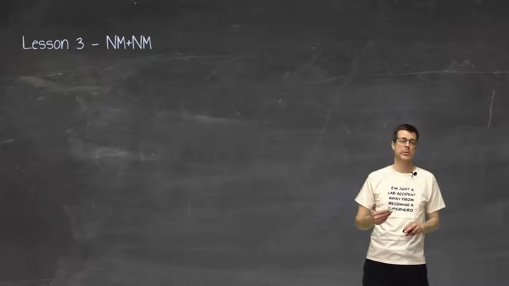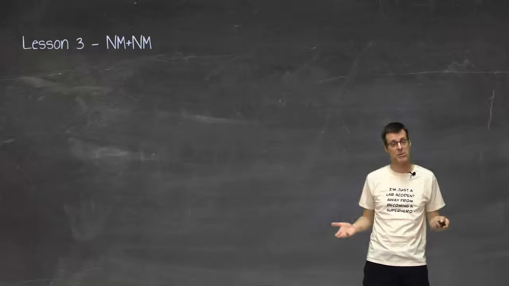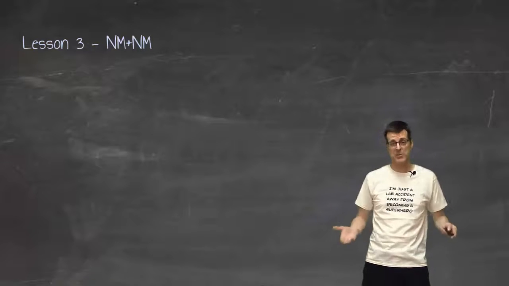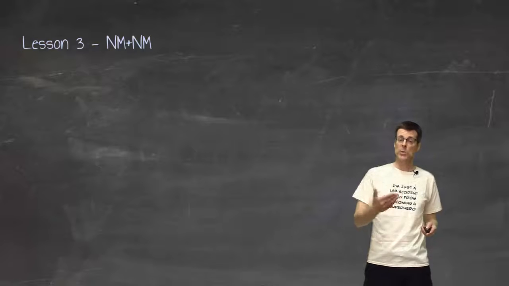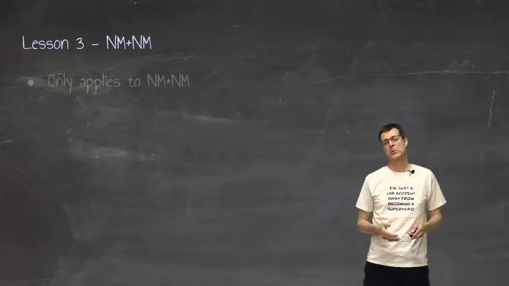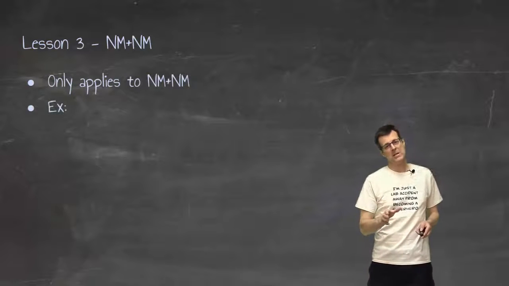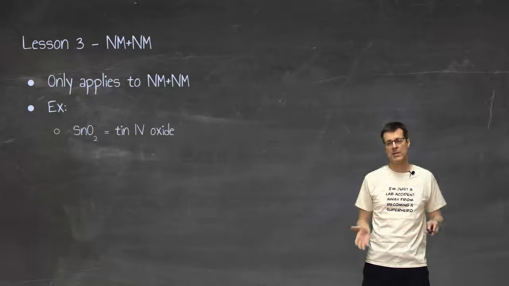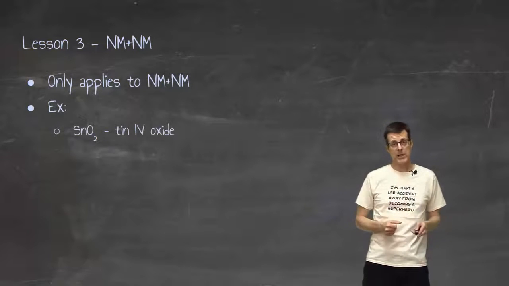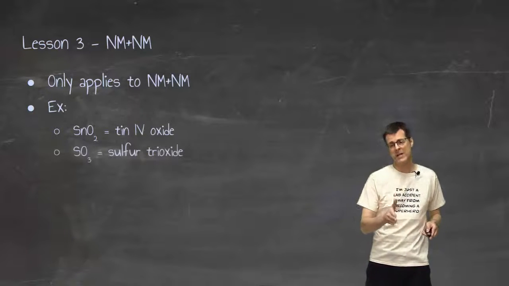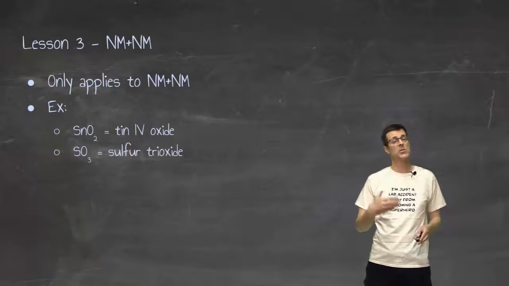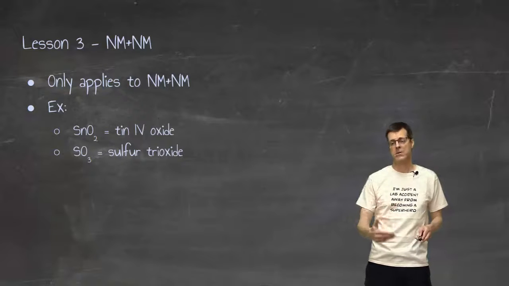Non-metal nomenclature was a lot of people's favorite because it seemed to be the simplest thing going, and it is quite simple, but it's only appropriate for non-metals and non-metals. What that means is, if you see a compound like tin(IV) oxide, that has a metal. But if you see a compound like SO3, that's a non-metal, so I use prefixes, and it's sulfur trioxide.